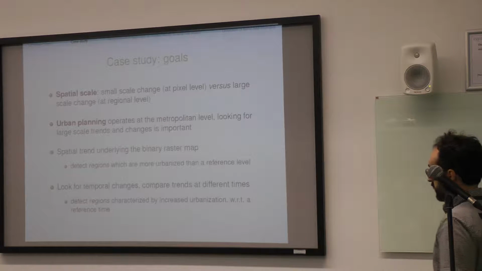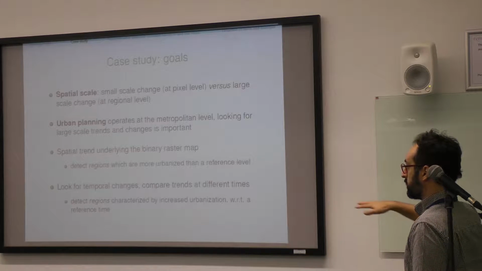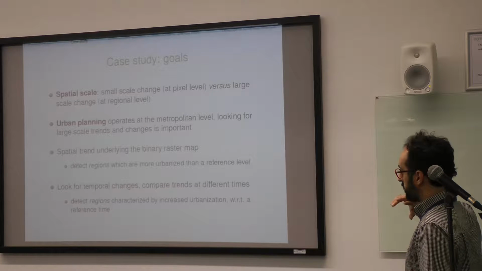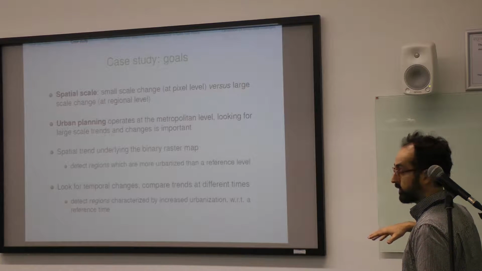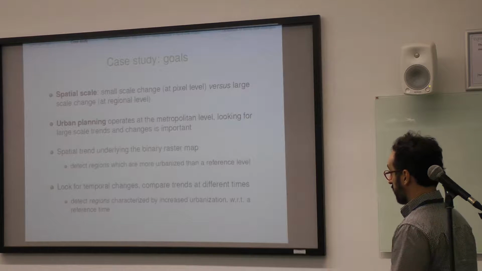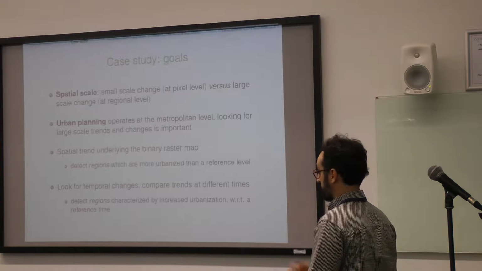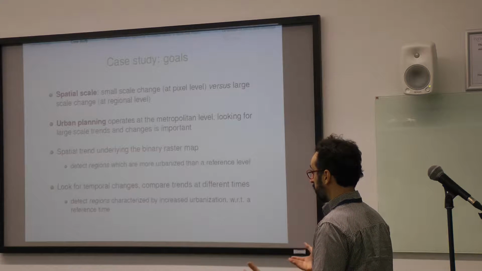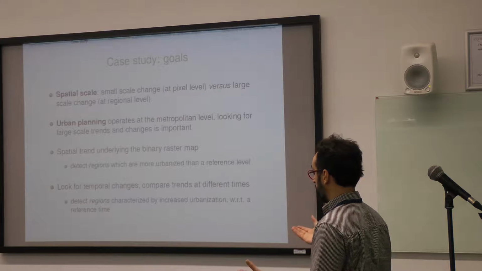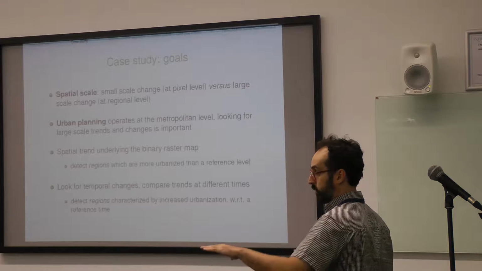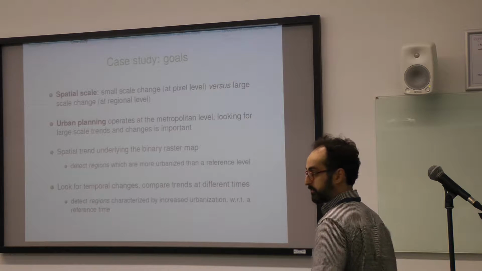So what we want to do is to analyze the spatial trend underlying the binary raster map that we created and detect the regions of change. And so regions which are more urbanized than a reference level, and regions characterized by an increase in urbanization with respect to a reference time.